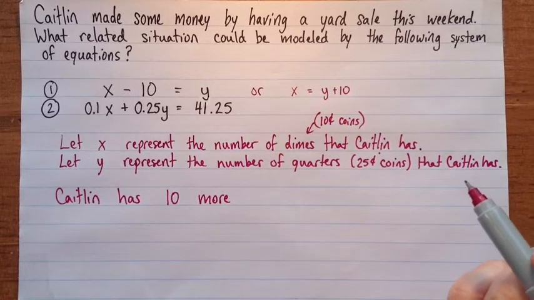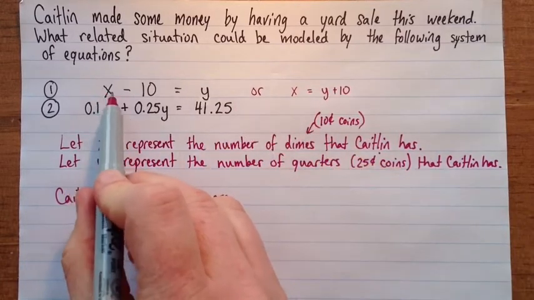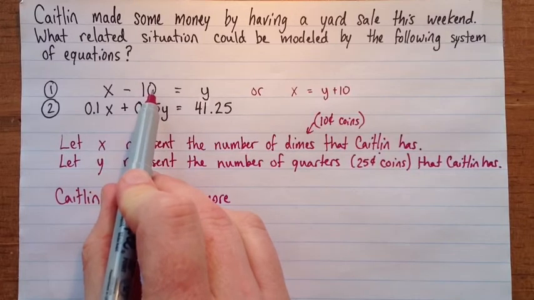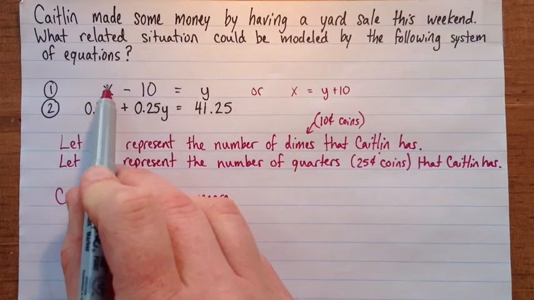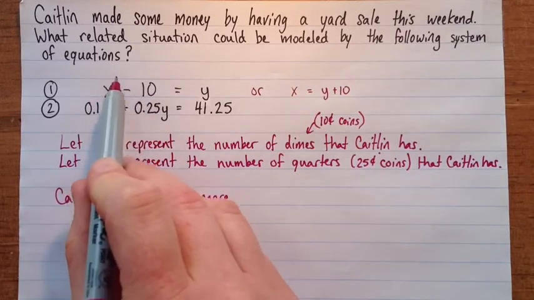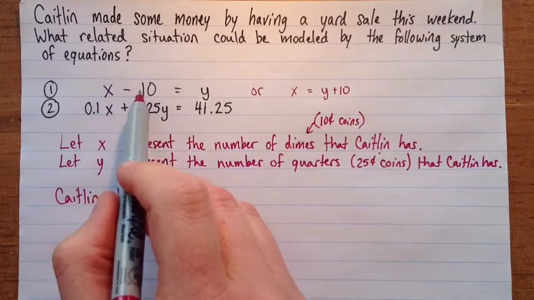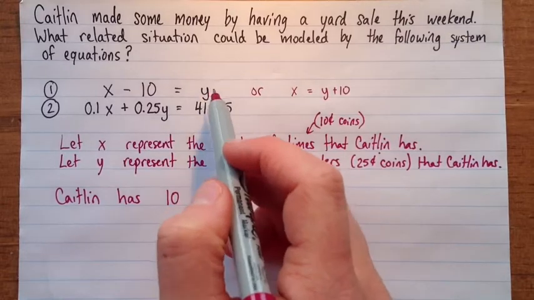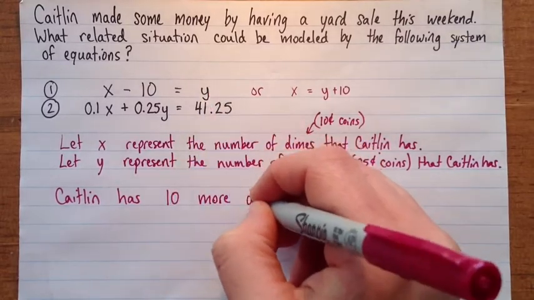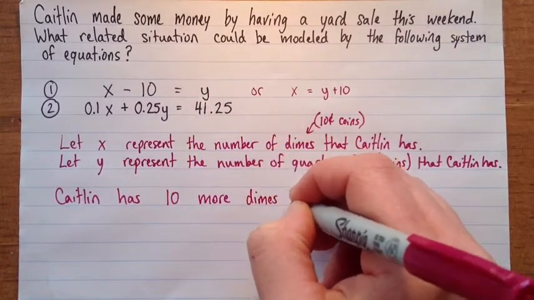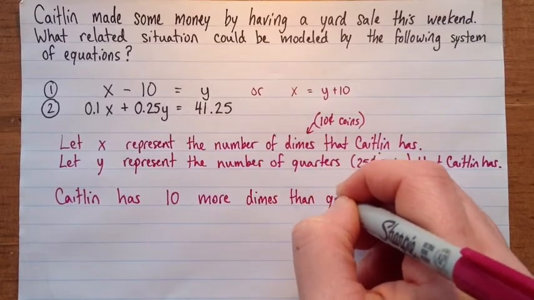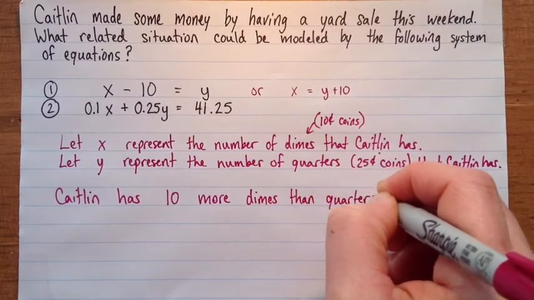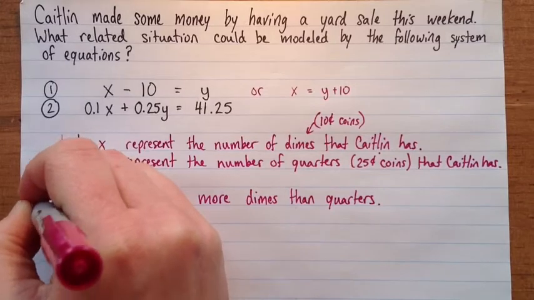I always have to be really careful here that I don't get it backwards. Dimes minus 10 equals quarters. So she has more dimes. For example, if this was 35 dimes minus 10, the number of quarters would be 25. So she has 10 more dimes than quarters. So that's the first equation.